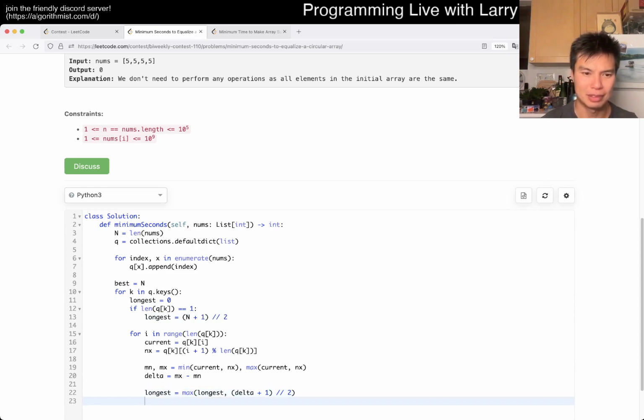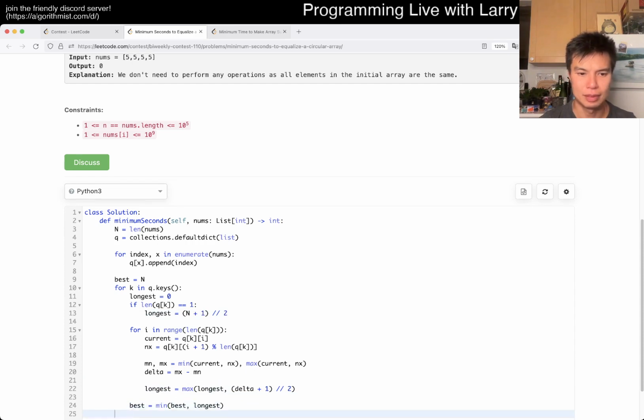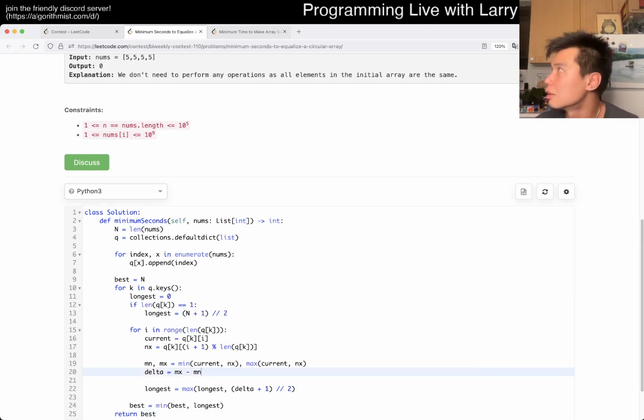Okay, so if there's one space in between, the 2 space is 1 to the, but this subtraction is not quite right. The number of spaces is minus 1. Yeah, right.